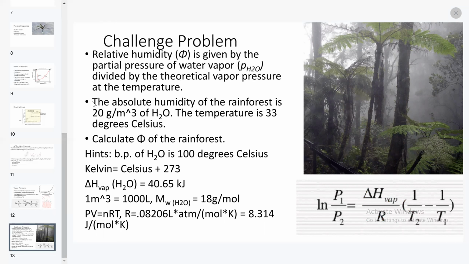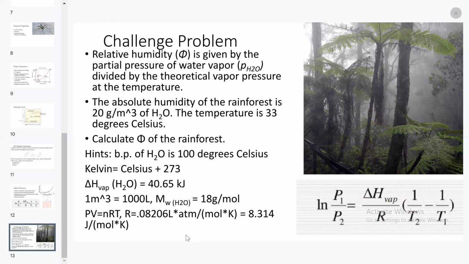Here is the data you need. The absolute humidity of the rainforest is 20 grams per meter cubed of water. For every meter cubed of air in the rainforest, there will be about 20 grams of water. And the temperature is 33 degrees Celsius, so very hot. I want you to calculate the relative humidity of the rainforest.